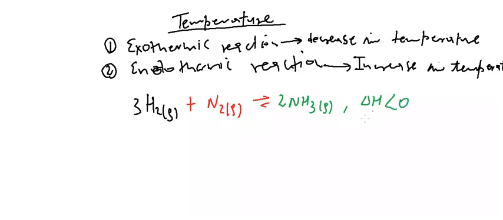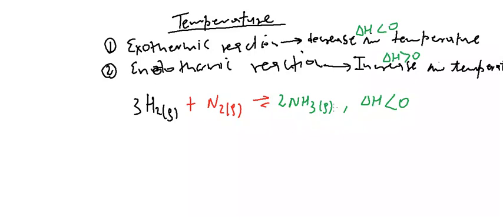Since delta H is less than 0, that is exothermic. When delta H is greater than 0, that is endothermic reaction.